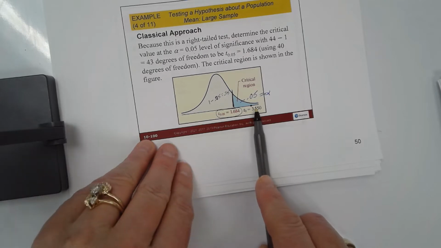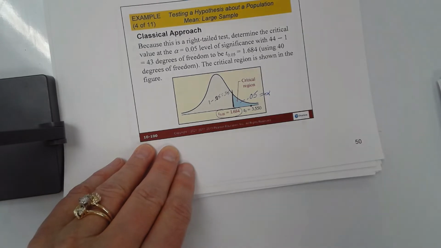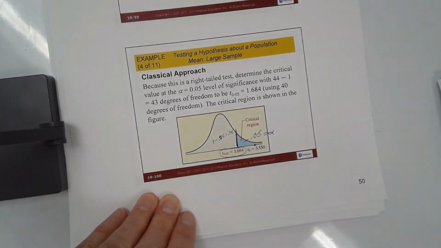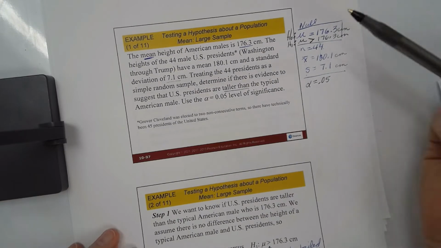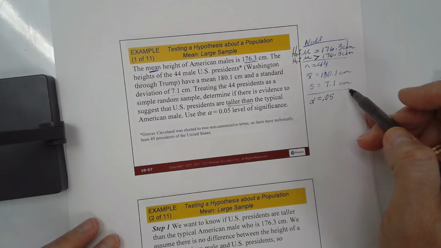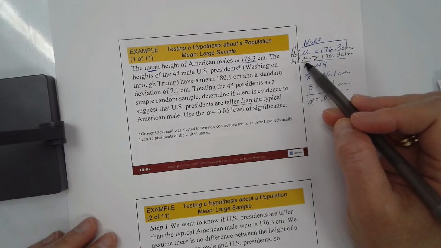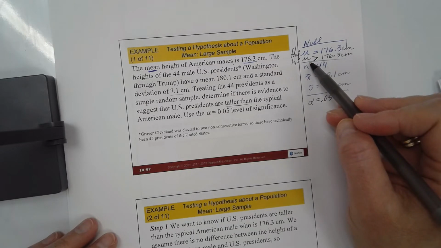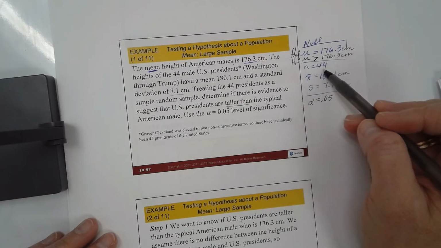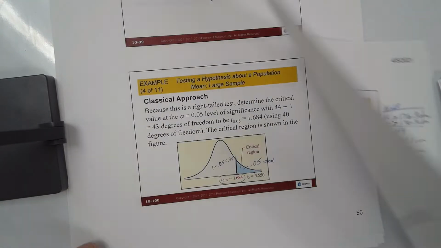So what's my decision going to be? Reject the null hypothesis, which means what is true? The alternative hypothesis is true. So I reject my null hypothesis, which was that the average is 176.3, which means that I do have sufficient evidence to say that this sample, which is the presidents, are taller than the average U.S. male. Does that make sense?